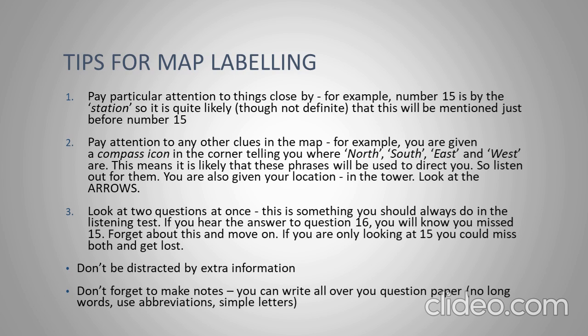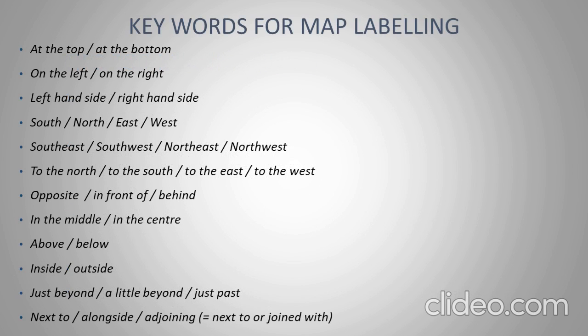And here is the list of vocabulary that you need to know in order to have a successful map labeling. So all of these words are the words that is helpful when you give the directions. So please look through them, write down some of the new words that you found in this list in your copybook, and try to learn it by heart.